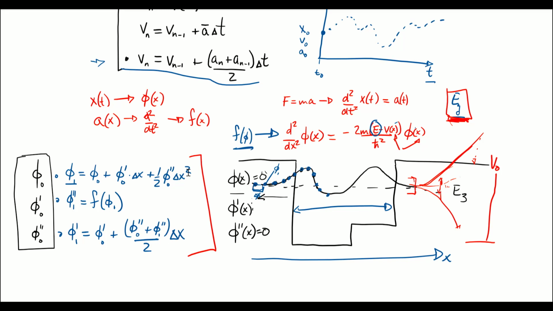That's my eigenenergy. And I know the wave function has that sort of form. But anyway, this is a technique to numerically simulate what these wave functions are and determine what these eigenenergies are.